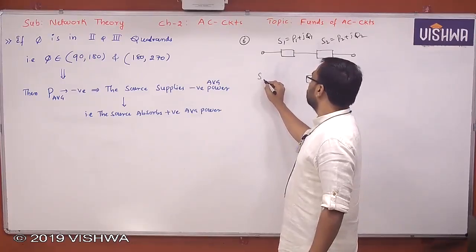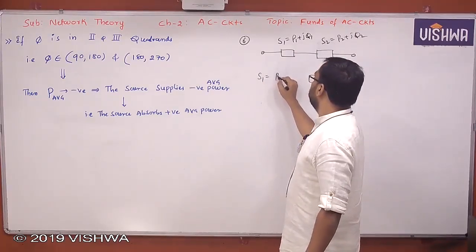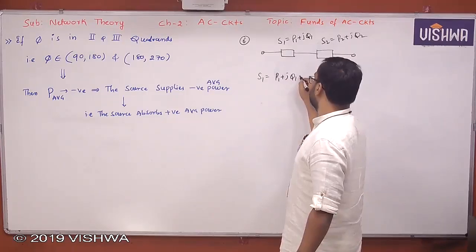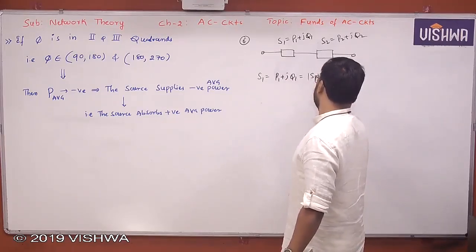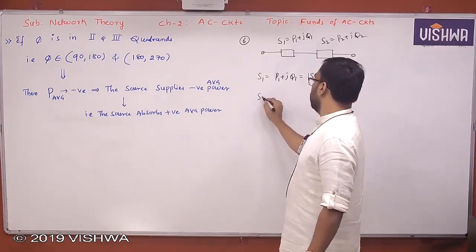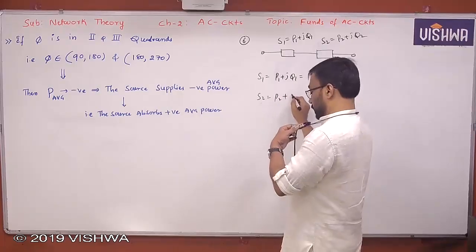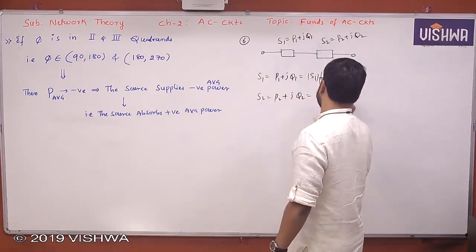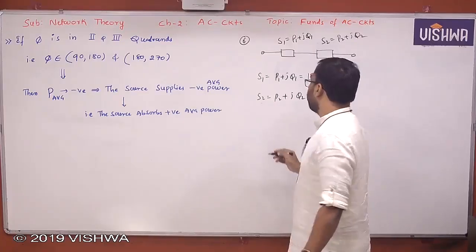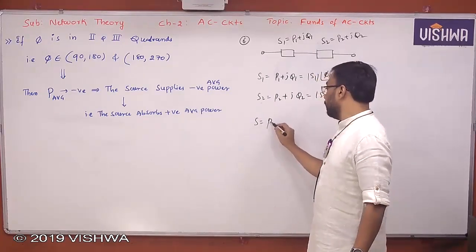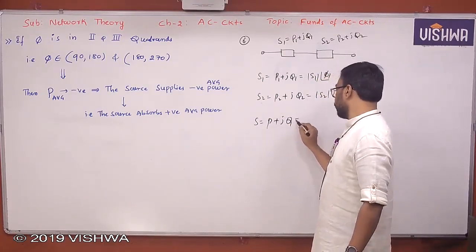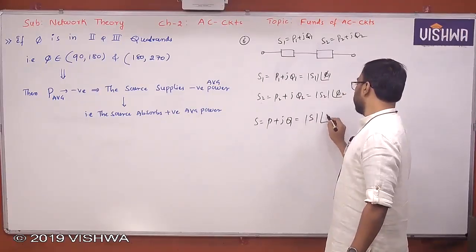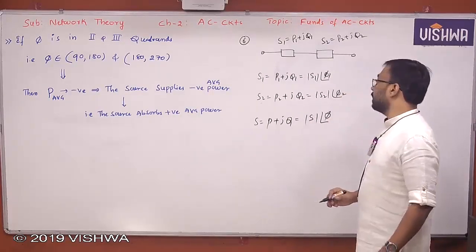S1 is equal to P1 plus jQ1, magnitude S1 at an angle of phi 1. S2 is equal to P2 plus jQ2, magnitude S2 at an angle of phi 2. S is equal to P plus jQ, magnitude S at an angle of phi. Clear?